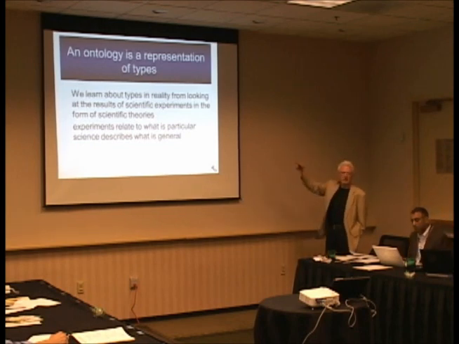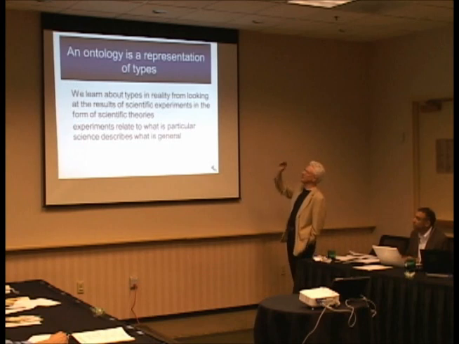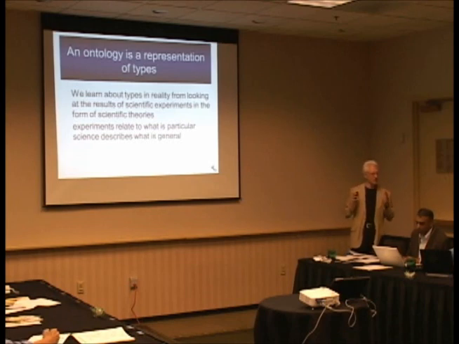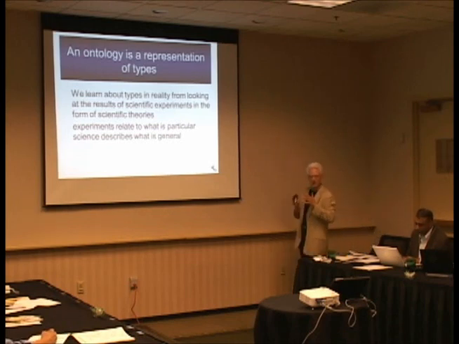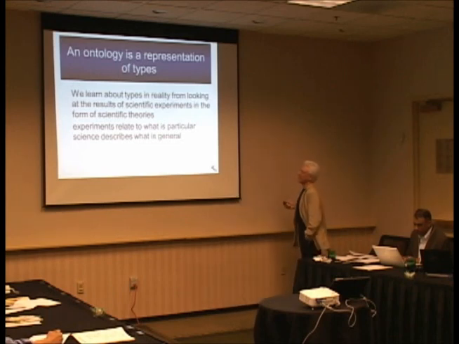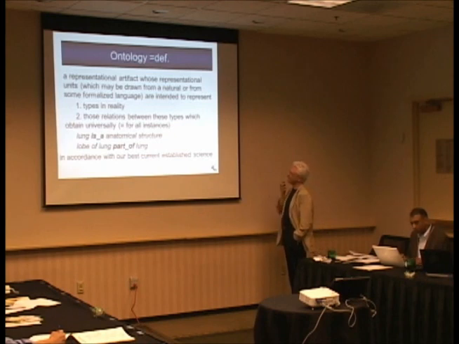So I'm repeating this over and over again because this really has to be burned into your minds. An ontology is a representation of types. We do experiments on instances to find out what is typical of those instances. And we give names for those typical features of the instances, and those names go into the ontology. And now we can define an ontology.